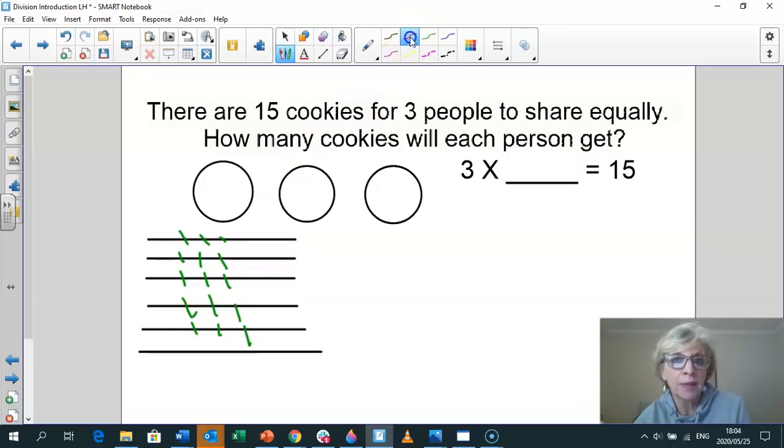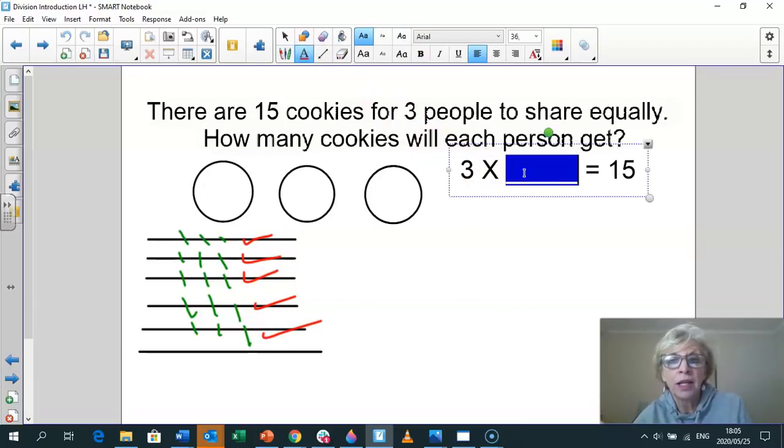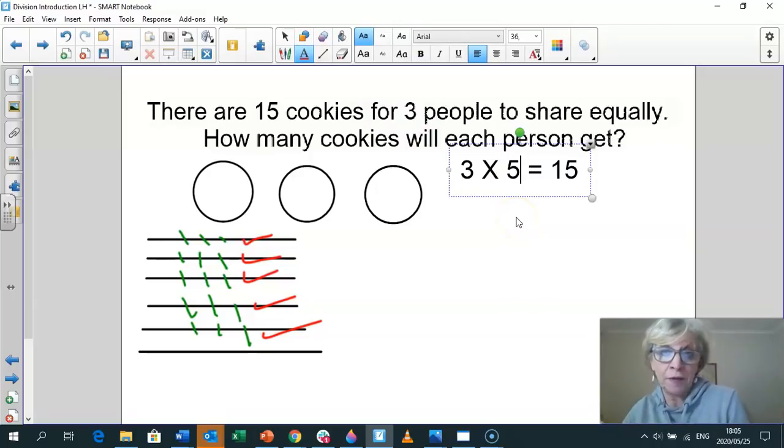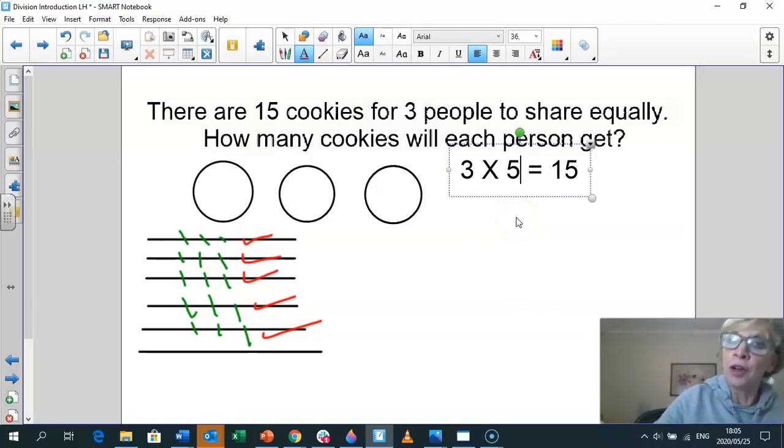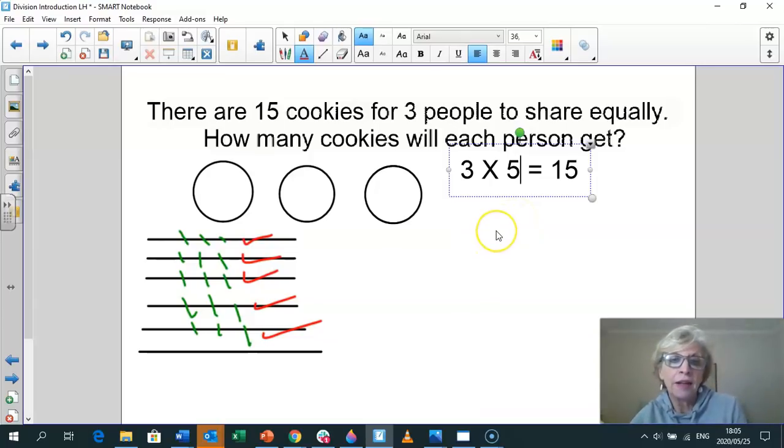And then I'm going to ask myself the question, well, how many rows did I manage to slot those in? 1, 2, 3, 4, 5. So I know now that my answer is 5, grade 3.